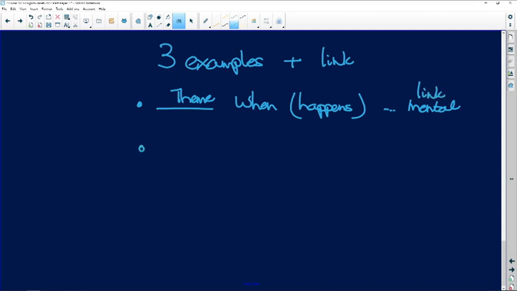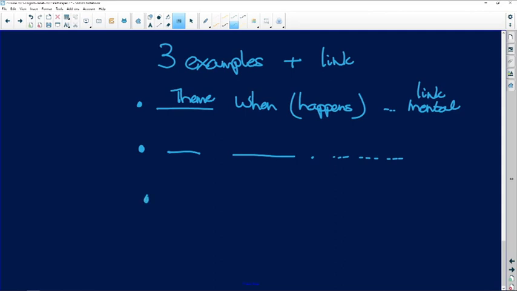Then you're going to do it all over again. There is suffering also when whatever happens, full stop, and then you explain. This person is suffering in this way, or Africa is suffering because the land is eroding and the people cannot survive on the land anymore. And then you do it all over again a third time.